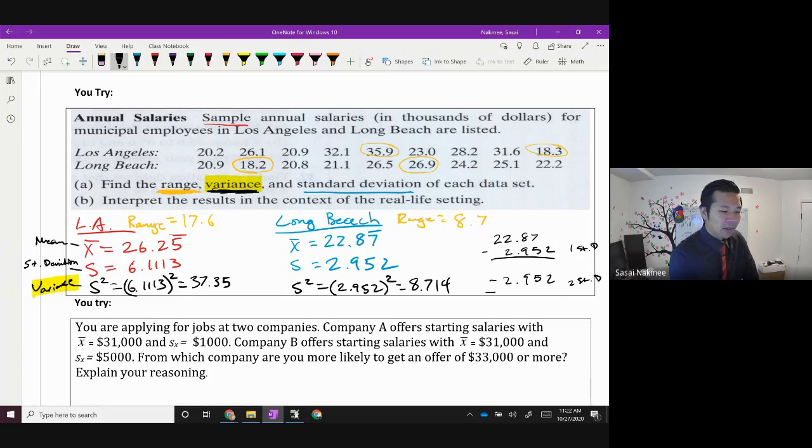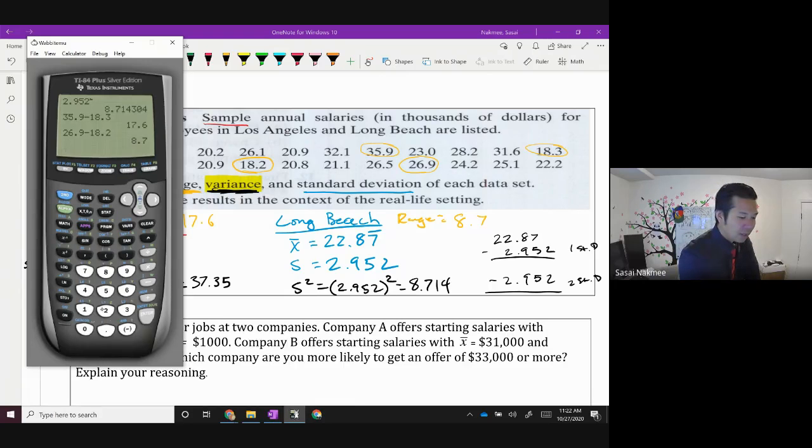What I'm saying is, how far down would you go if you're working a job that pays less? Well, let's take a look here. 22.87 minus 2.952, and then do it again. And that's about 16,000. That sounds terrible, but that's within 2 standard deviations of the average.